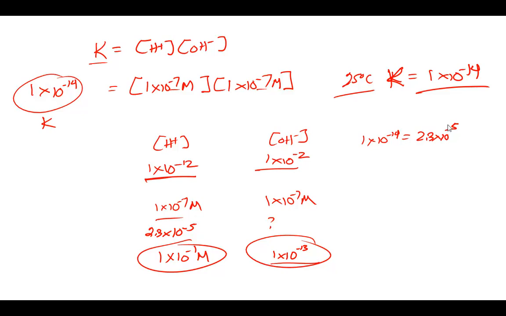What I don't know is the hydroxide ion concentration, so that's what I want to solve for. The hydroxide ion concentration is going to equal 1 times 10 to the negative 14th divided by 2.3 times 10 to the negative 5th.